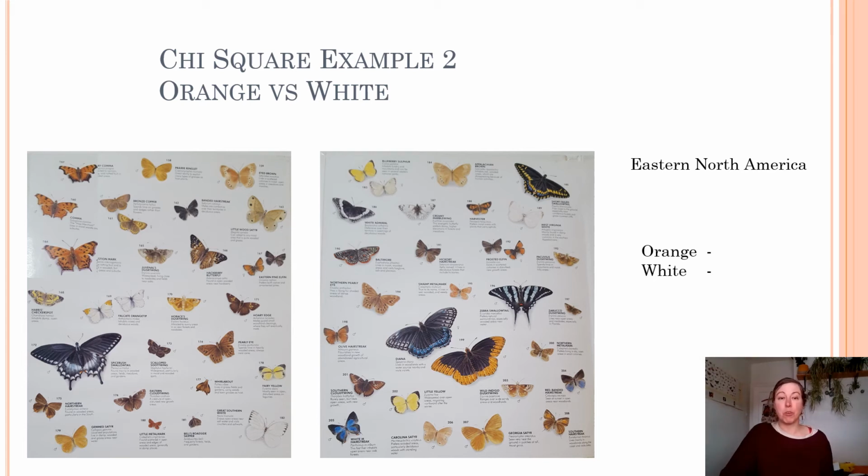There is no difference between the number of orange species of butterfly and the number of white species of butterfly, except this time we're looking at eastern North America. If we count our orange butterflies, we have 18, and if we count our white butterflies, we only have 6 this time. That seems like a bigger difference. So let's see if it's statistically a bigger difference.